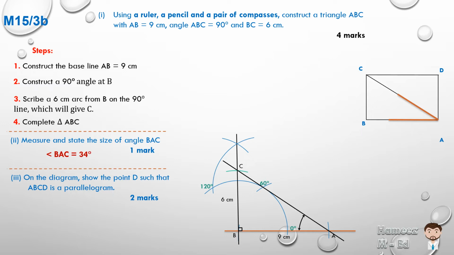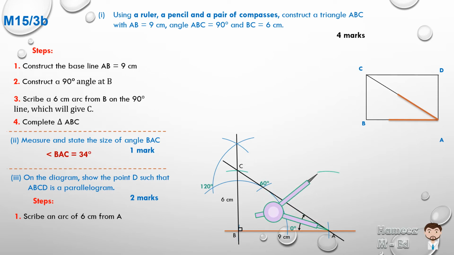And there are a couple different ways we can do this. We can construct a 90 at A, just like we did at B, and go upwards, but I'll use a different method. So the first step, let's make an arc from A of 6 centimeters, because we know AD is the same length as BC, which is 6 cm. So we rest our metal point on A and scribe an arc.